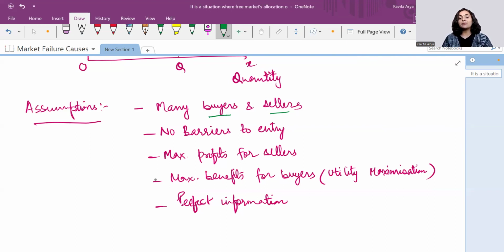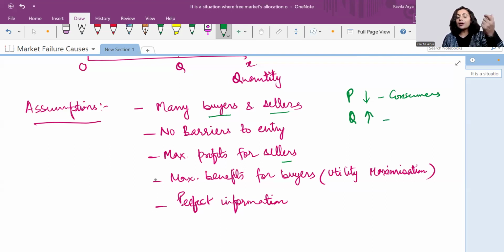Right. Maximum profits for the seller. And in this case, maximum profits does not mean monopoly profits, as we have already talked about that. In a perfect market situation, the price is the least which is charged from consumers, so they are benefited, and the quantity is the maximum which is produced in the market.